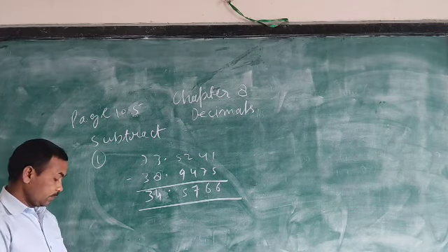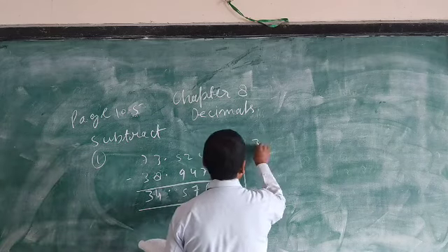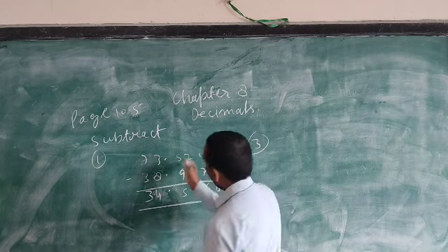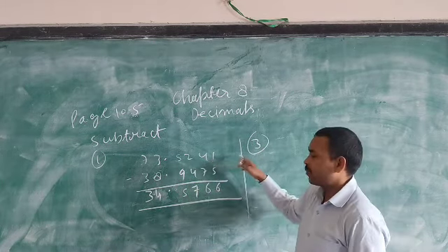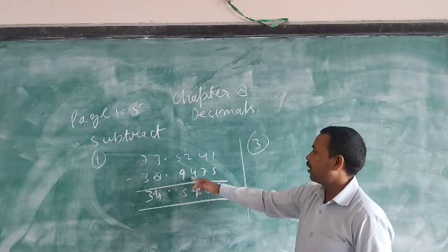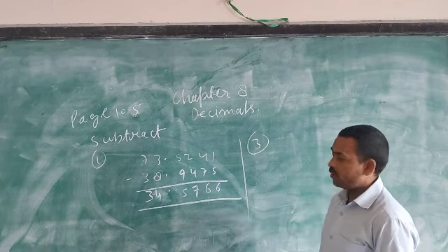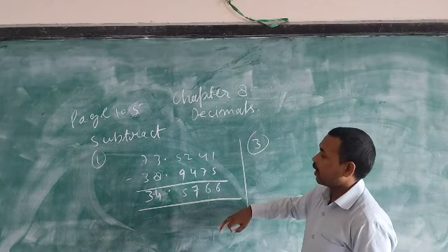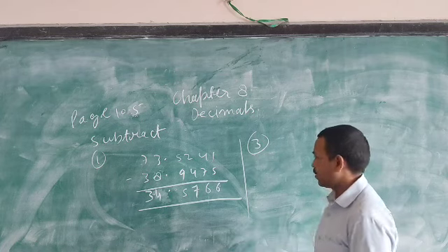And after that, suppose your third one, they are like decimals because this decimal number has 4 decimal places and this also has 4 decimal places. So you can do it here. And if they are not like decimals, first you convert into like decimals.